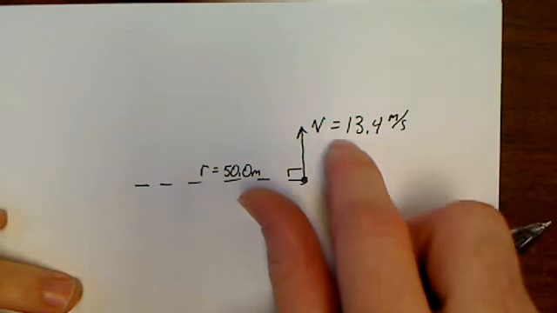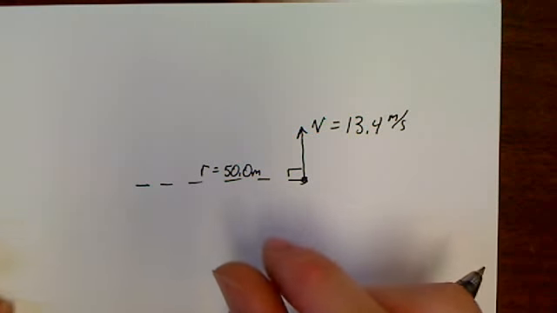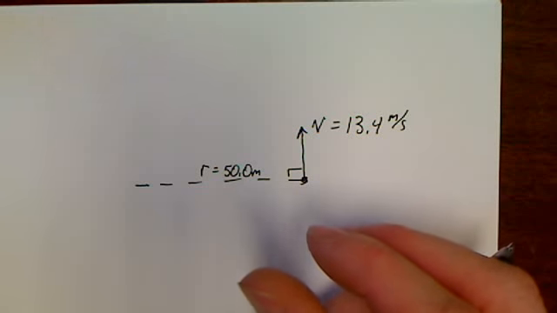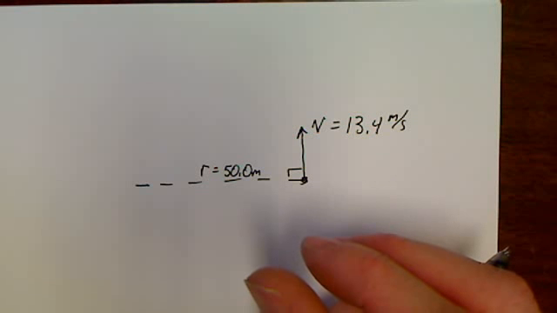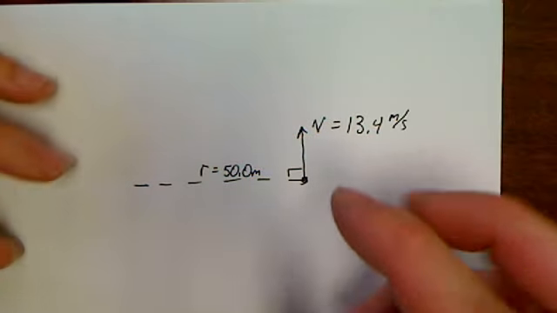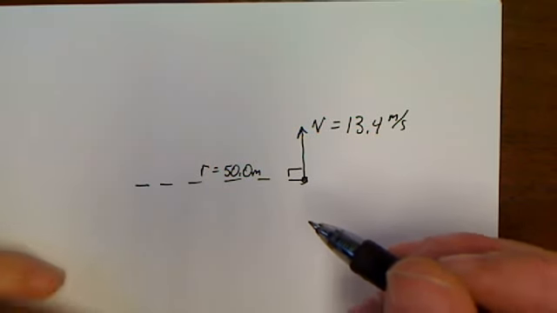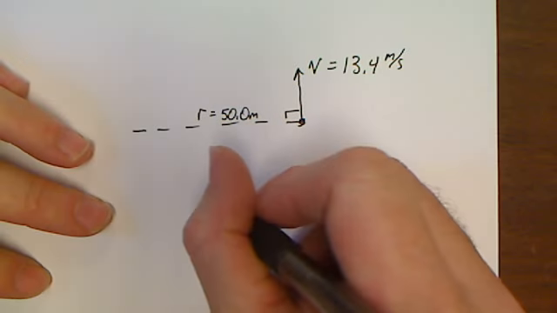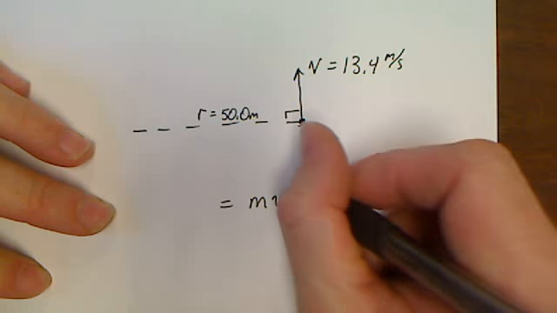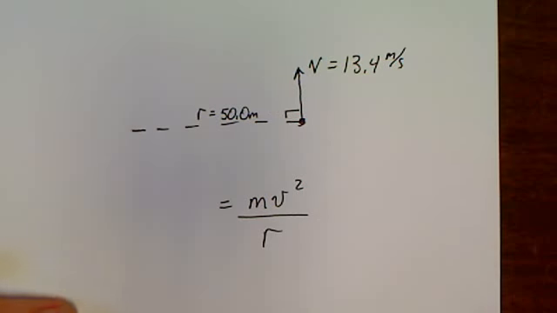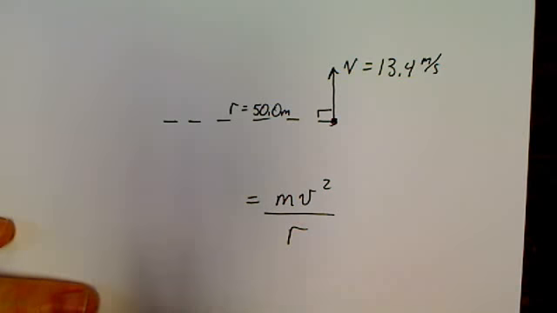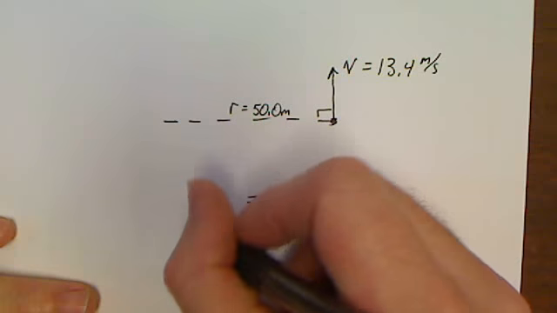All right, so it's given us a velocity, it's given us a radius. Next thing it says is what is the minimum friction needed to keep the car on the road? Here's the thing. This is one of those questions that's like, what is equal to mv squared over r? For a car to go around the curve, it's friction.